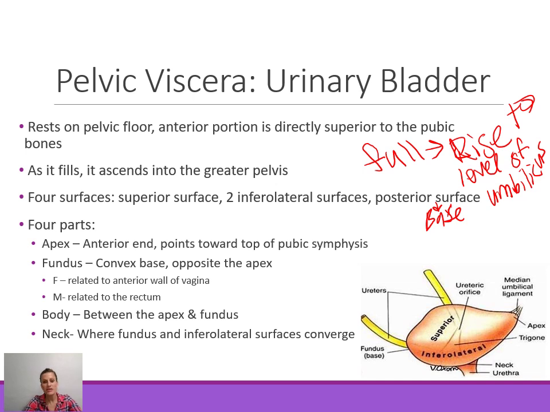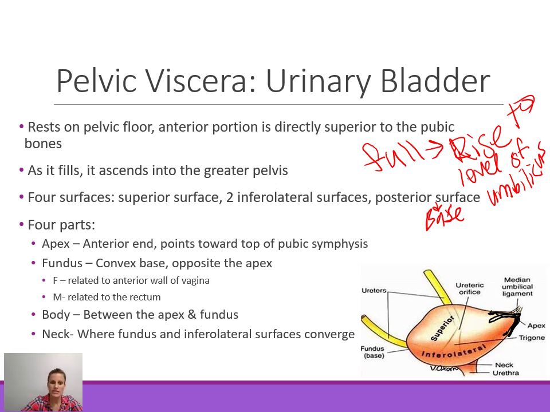And again, the apex points towards the top of the pubic symphysis, the area in the very front of the pelvis where the pubic bones meet with that fibrocartilage pad. So this pointed part right here is the apex of the bladder.